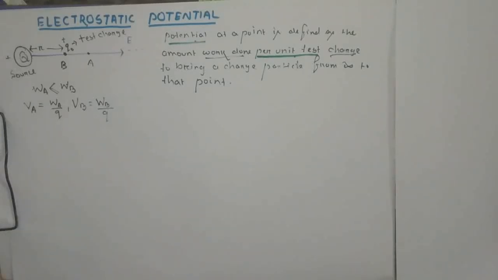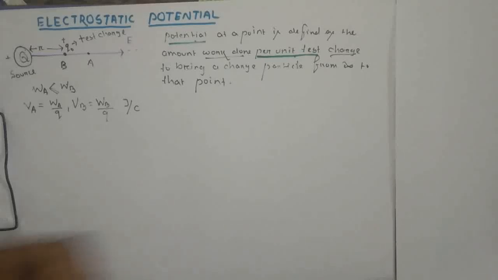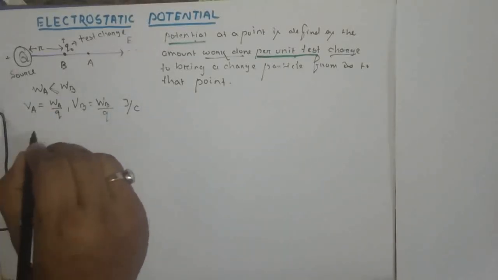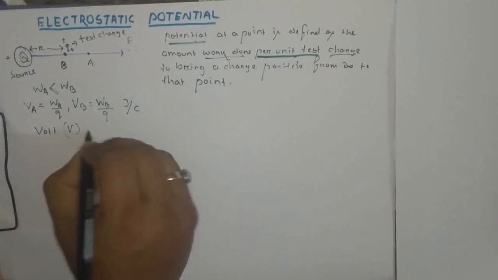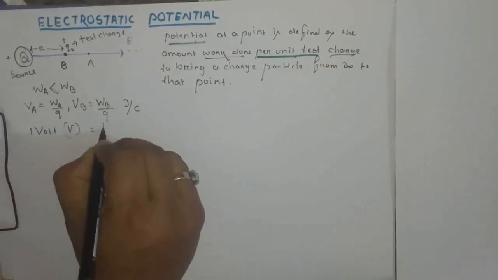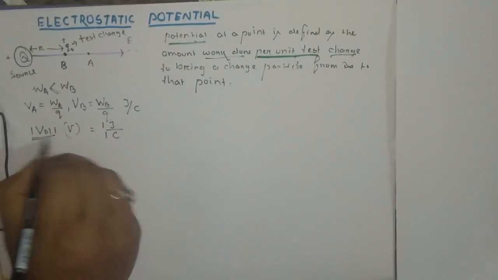Now the question is, what will be its unit? Obviously it is joule per coulomb, or combined it is known as volt. So what is 1 volt? I can write 1 joule per 1 coulomb. So can you define 1 volt?